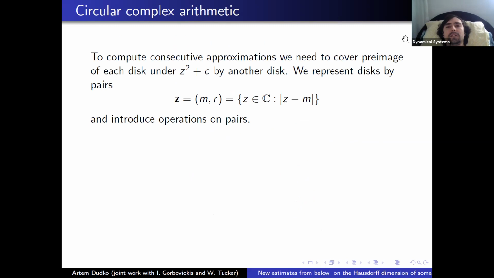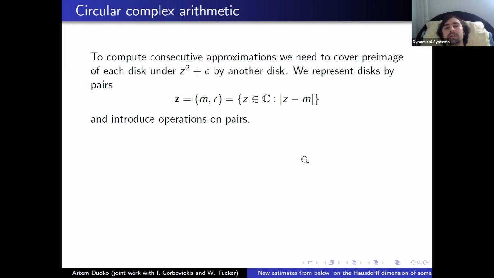Next, to make our estimates, it is convenient to use a certain type of circular arithmetic. So assume we want to take a preimage of a disk under z square plus c.